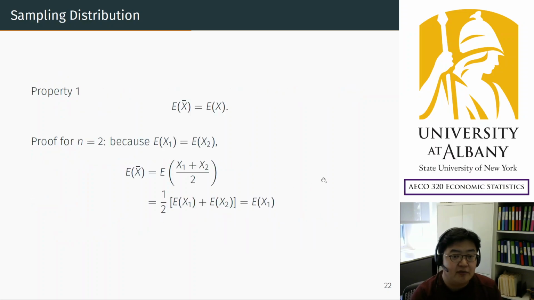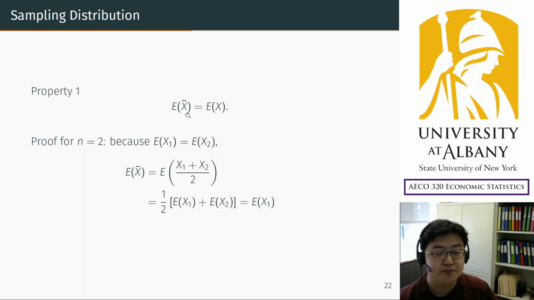So the first one can be formulated in this way, which is pretty simple. Simply speaking, the expectation of the average equals the expectation of the single variable. So no matter you throw 100 dice or one dice at a time, the expectation of their average doesn't change.